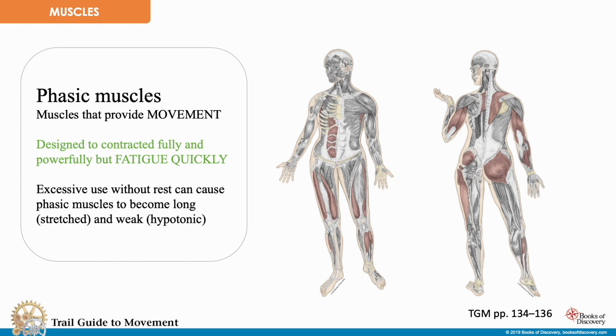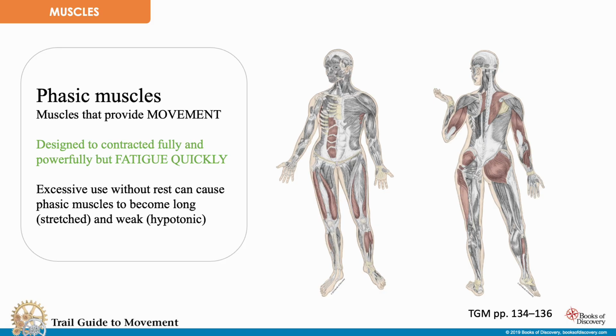So if you look at this diagram, these are often the muscles of the glutes, the rhomboids, and the abdominal wall. When they give up and become weak, the postural muscles have to try and take over their job, which is a recipe for total body imbalance. So in your sessions, you'll often find that the pain is in these long, overstretched phasic muscles.